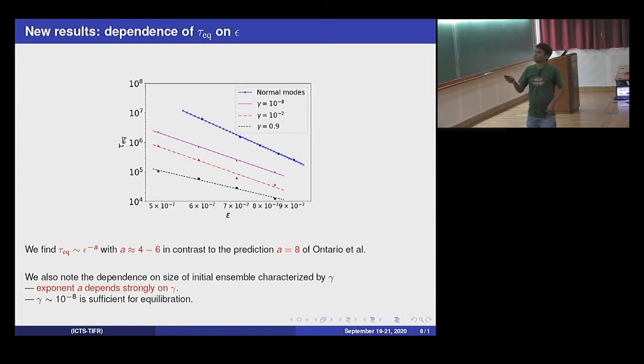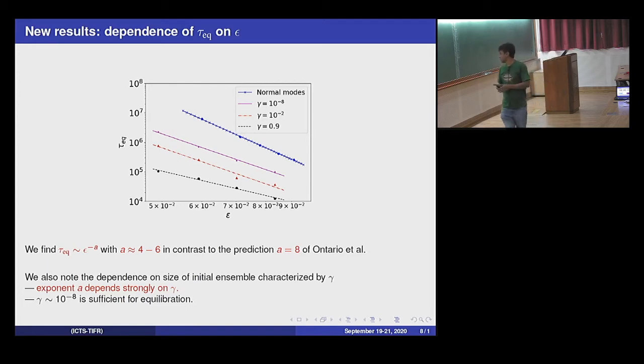This is the equilibration time plotted versus the nonlinearity parameter. This is what you would get from normal modes, and it has this 1 over epsilon to the power 8 slope. But for real space equipartition, it has a different slope, between 4 and 6, and the slope changes with the spread in initial conditions.